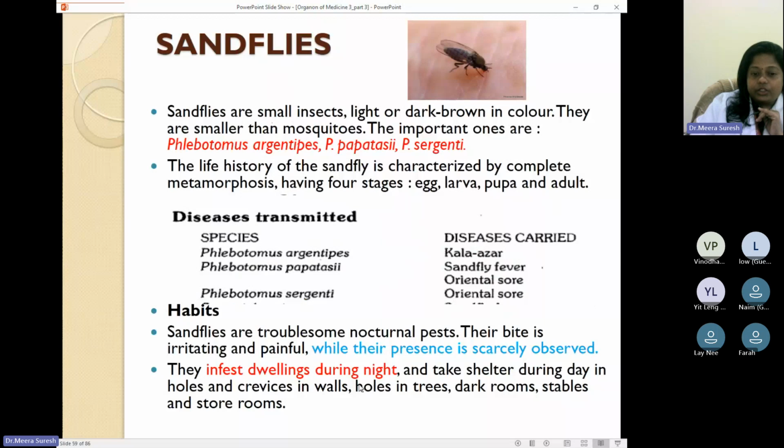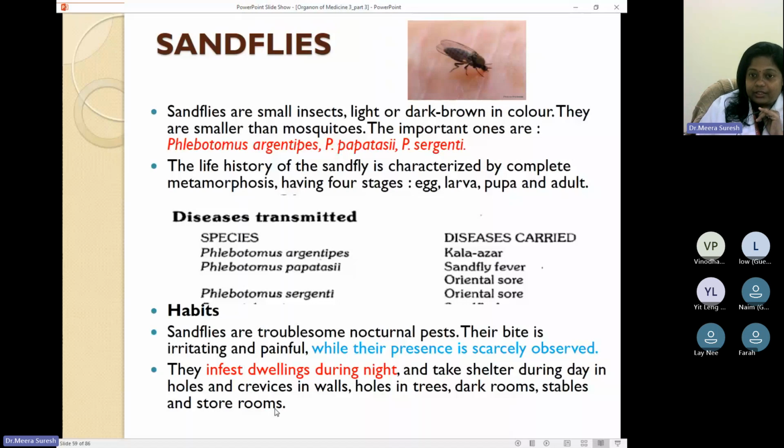In the morning time, what they do is they go and hide in very small crevices, like holes, crevices in walls, holes seen inside trees, dark rooms, stables, and storerooms, so that we usually can't see these sandflies.